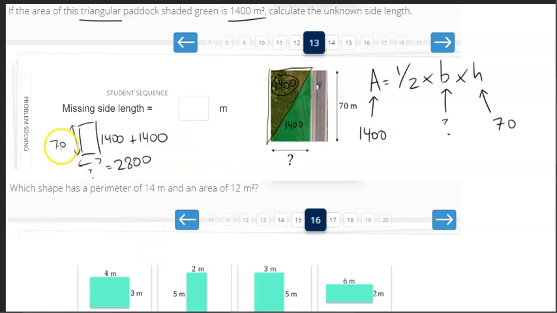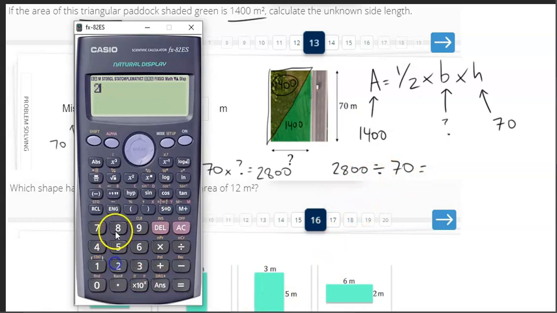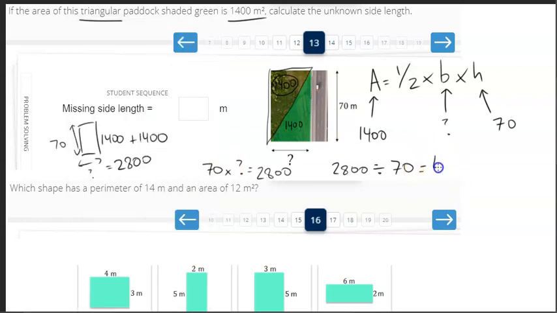So if 70 times some unknown number will give us the full area, which is 2,800, we can go ahead and use the skill from the previous question: 2,800 divided by 70, and this will give us 40.